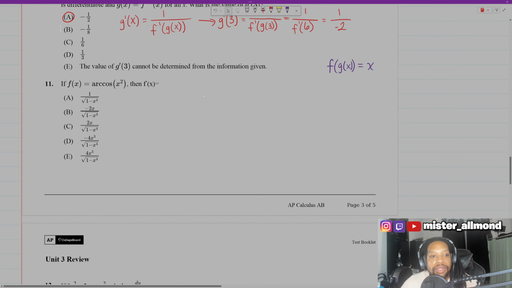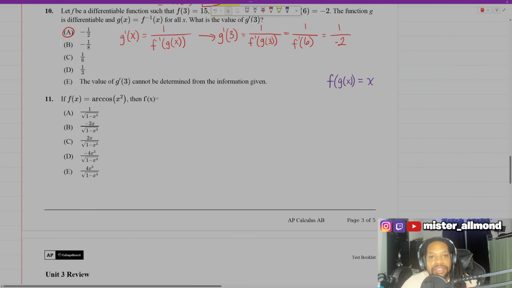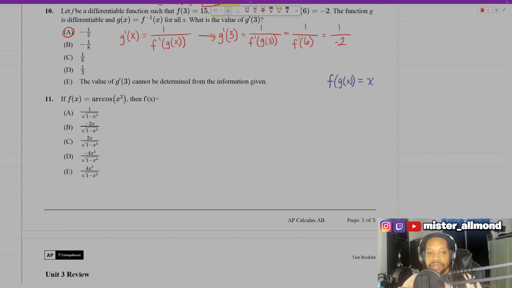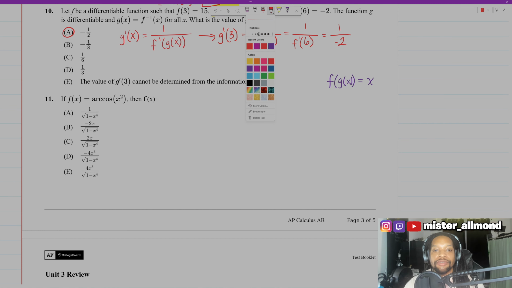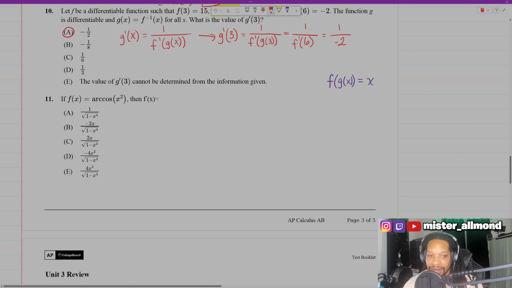All right, number 11. I might as well just do all 18. If f of x equals the inverse cosine of x squared, then f prime of x equals what? This is low-key flashcards, but a little bit of recognizing chain rule. My OG is my x squared.